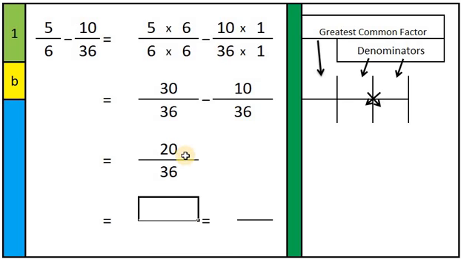I think we can have 4 as the common factor between 20 and 36. Let's divide each by 4. So 20 divided by 4 is 5, and 36 divided by 4 is 9. So this is the result of the subtraction.